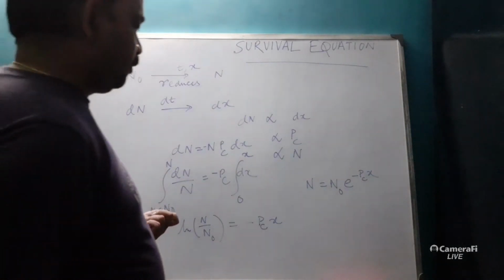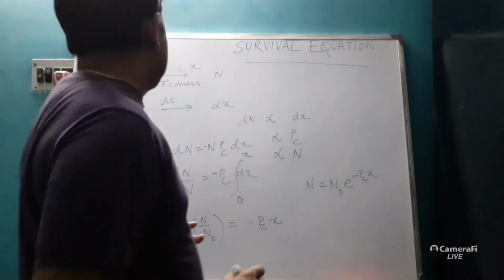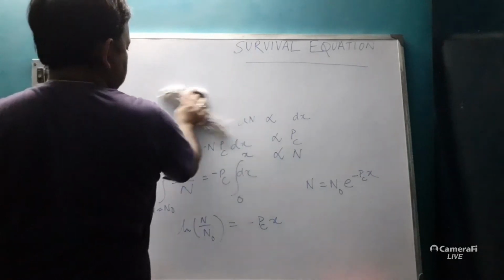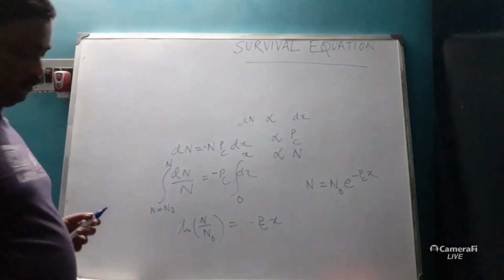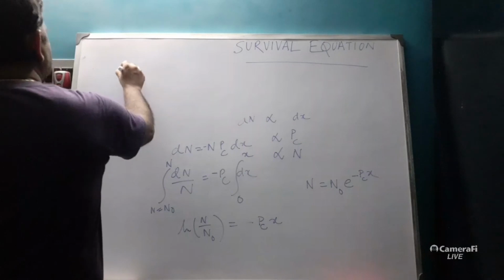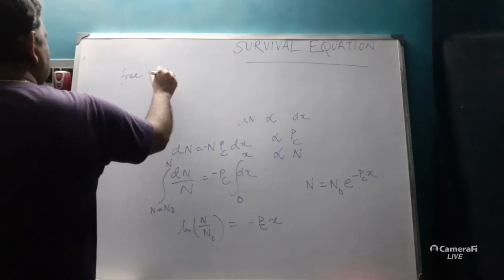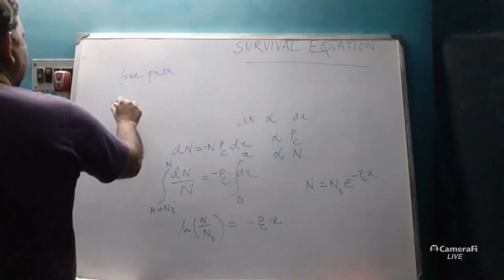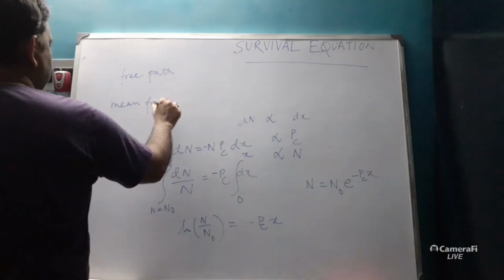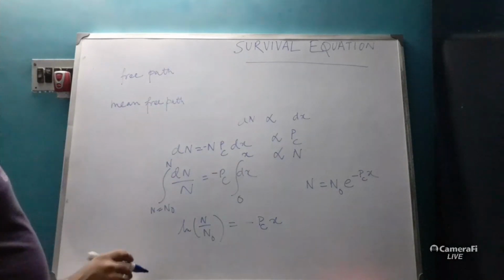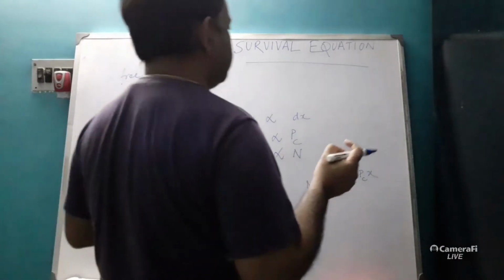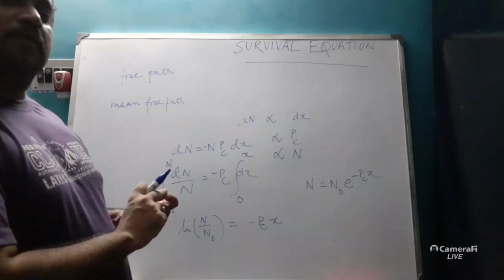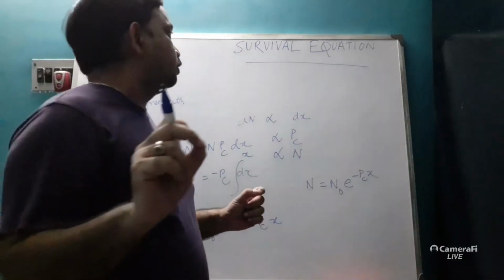So we come across now two important terms that have to be defined. One is free path, another is mean free path. Free path is the length of the distance that a particle travels from point A to point B without collision.